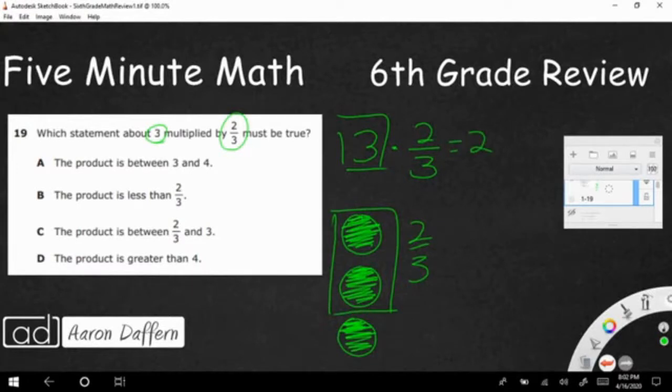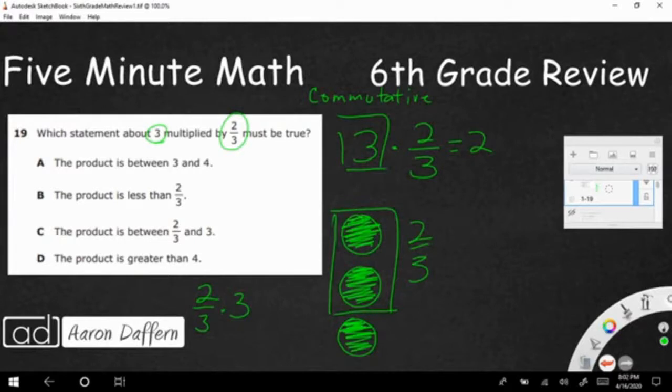Or if you flip it the other way, if you did repeated addition, 2/3 times 3, because we can use the commutative property. The commutative property is sometimes called the order property. It lets us flip the order of the factors if we're multiplying, and the order of the addends if we're adding. So we flip this and say 2/3 times 3.